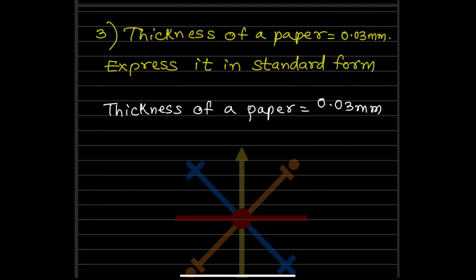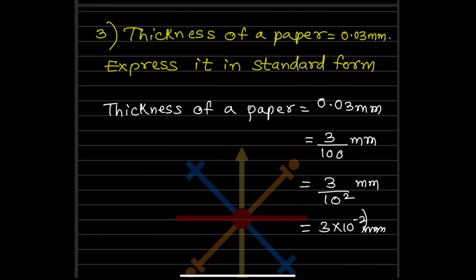Now this can be written as 3 divided by, because after the point there are two numbers, and this will be mm. So this can be written as 3 divided by 10 raised to 2. But then we are going to take this in the numerator, which means it will be 3 into 10 raised to minus 2. Either you put a bracket or you can keep it as it is. Both are the same.